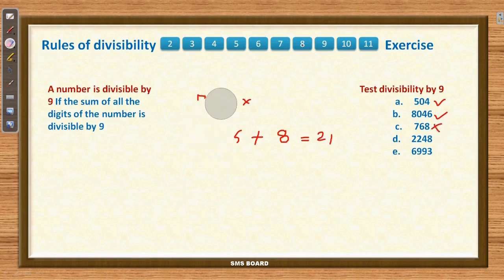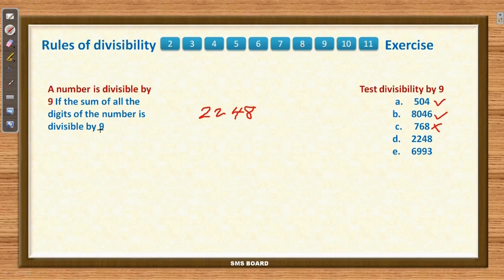Now let us go to the next problem, that is 2248. Here we will find the sum of the digits of the number.